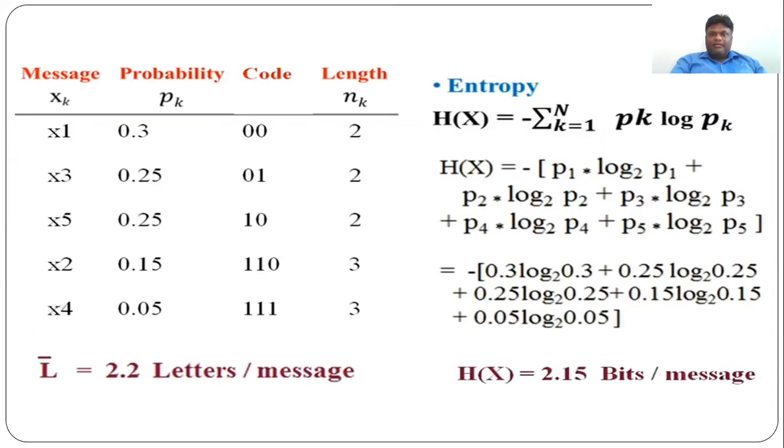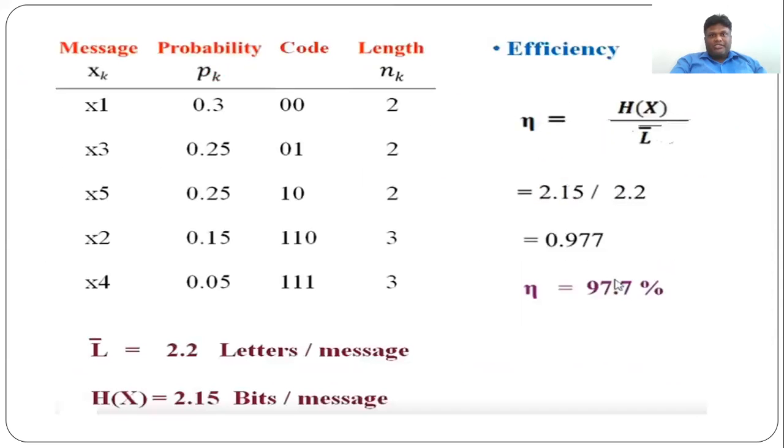So just expand it for k is equal to 1 to n, that is 1 to 5. Then you have to calculate the value. So if you find the value of entropy, that is H of x, you'll get 2.15. So using these two values, L bar and H of x, entropy, you are going to calculate the efficiency.